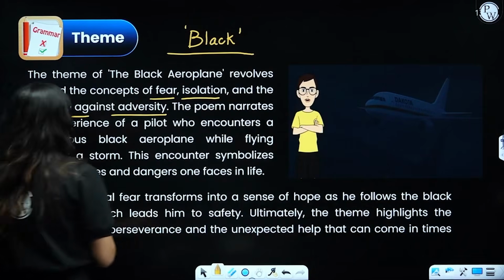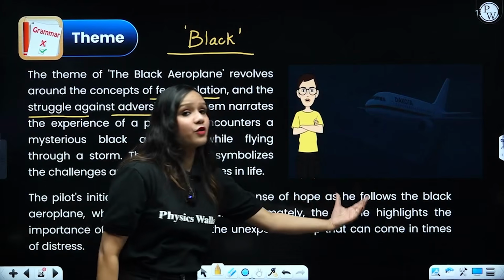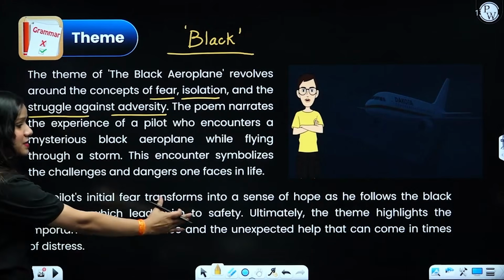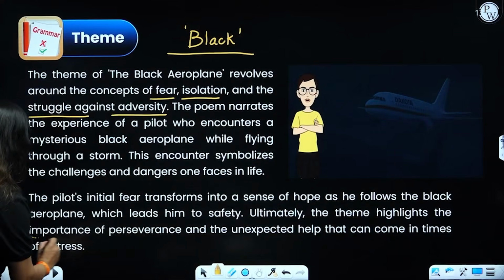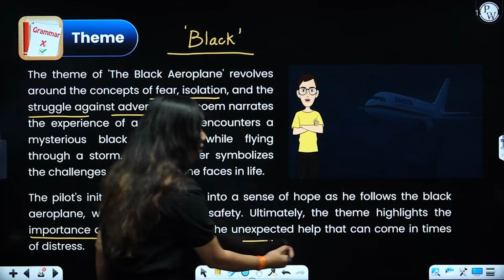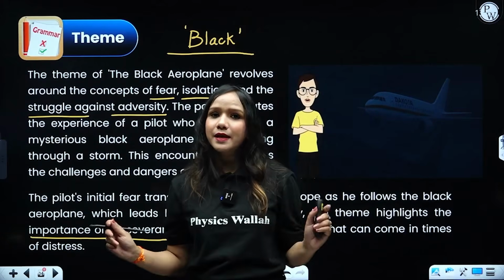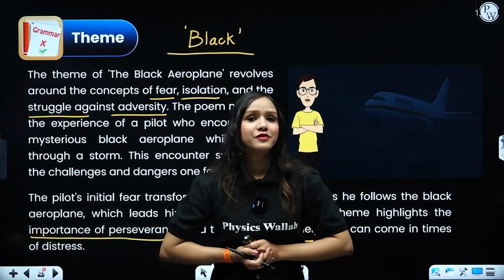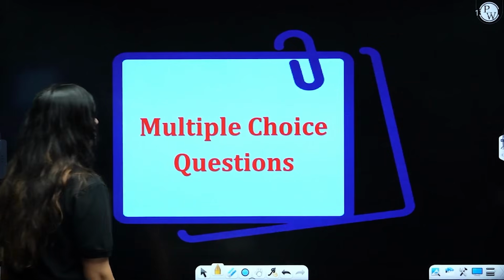So remember this thing. Now, the pilot's initial fear transforms into a sense of hope as he follows the black aeroplane, which leads him to safety. Ultimately, the theme highlights the importance of perseverance and the unexpected help that he received in times of adversity, right? So the important thing that we learn from this lesson is courage is always guided by hope. Remember this thing, please.